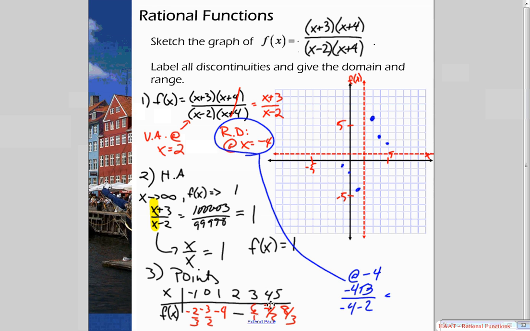That's going to give me -1 over -6, so an answer of 1/6. So at -4 and 1/6, right about here, I'm going to have an open circle for my removable discontinuity. And if you want to mirror that on the other side, that's fine. You just wouldn't be removable. But in terms of drawing it in, it'll be nice. And then you've got a very lovely graph that's going to look like this.